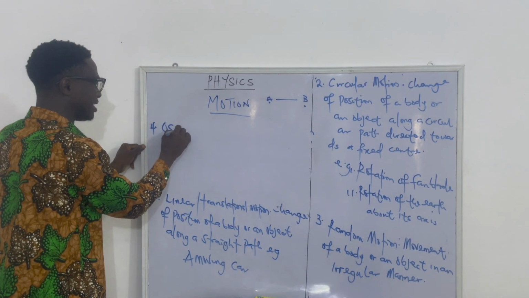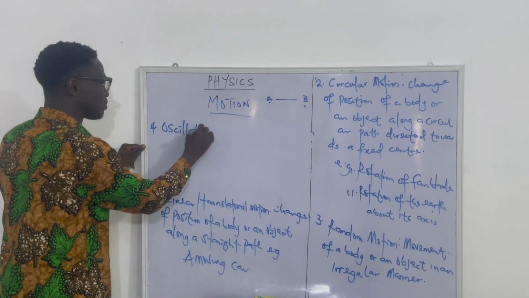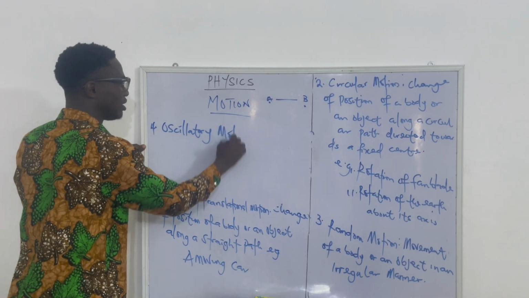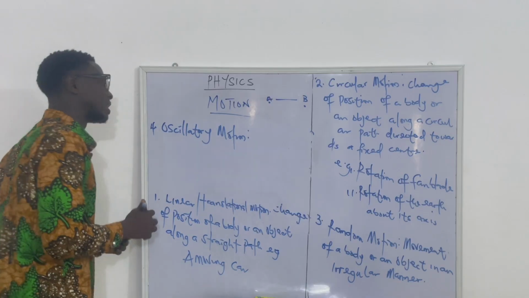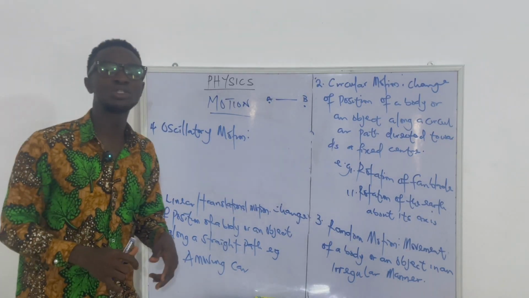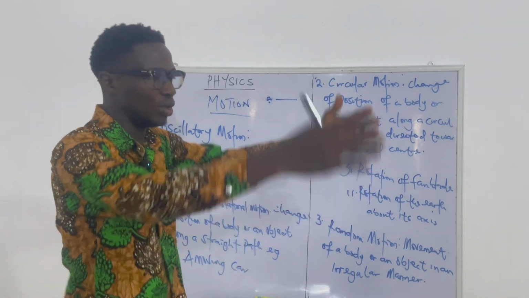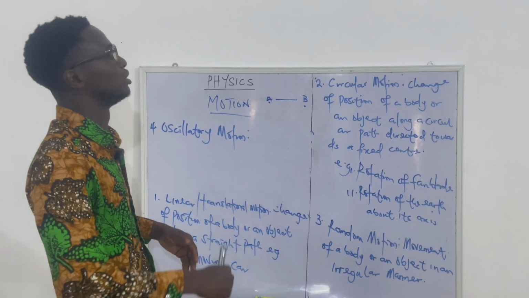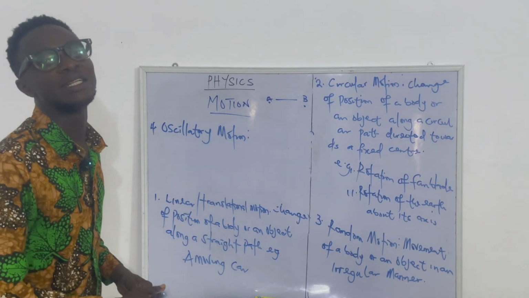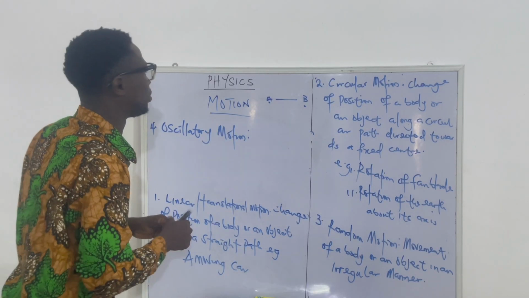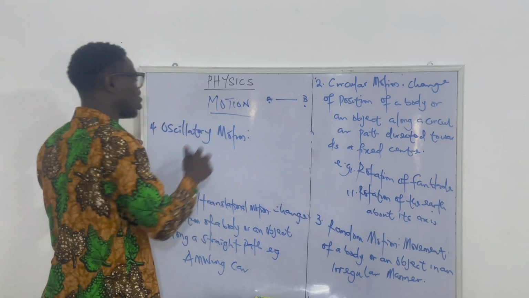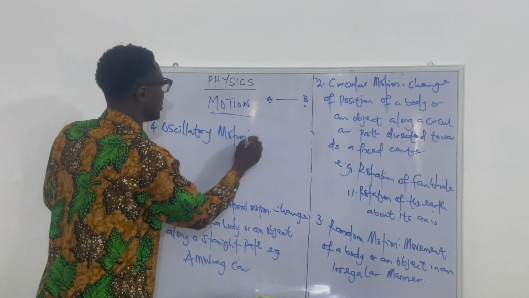We'll talk about them in this aspect of motion, oscillatory motion. Oscillatory motion is the to and fro motion of a body about a fixed point.